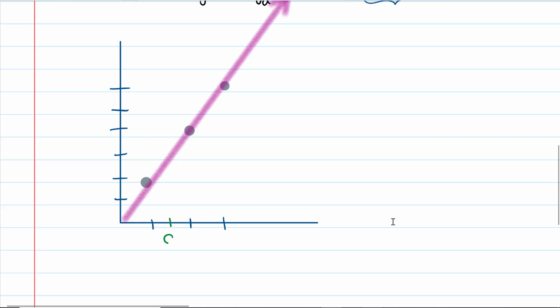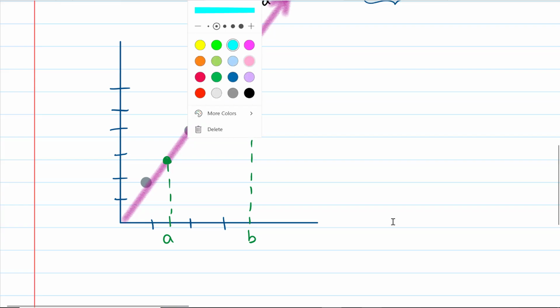So I choose my random point a right here. And it's going to correspond with that coordinate. And I'll choose any random point b, and that one's going to be right here. And we draw that up, and you get something like that. So our goal then is to find the area underneath this curve.